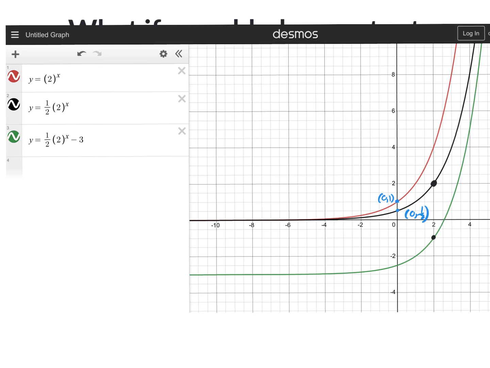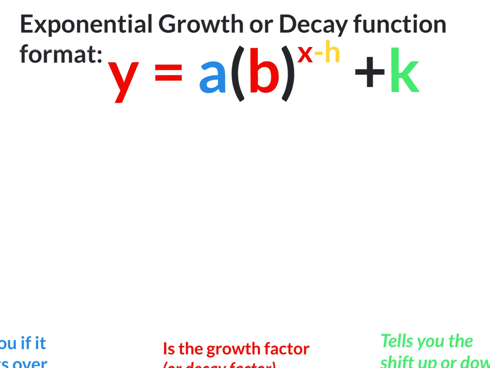So in summary, the a value tells you if it's opening up or opening down, depending if it gets reflected over the x-axis or not, depending if it's positive or negative. And then after that, it tells you if it gets vertically compressed or vertically stretched, depending on the a value. And those are some good notes to know.